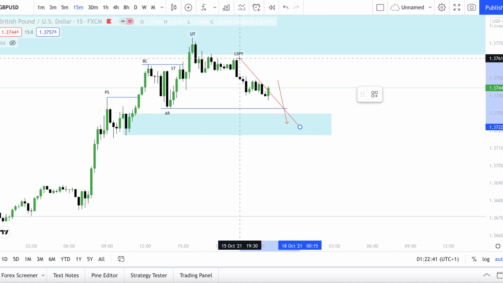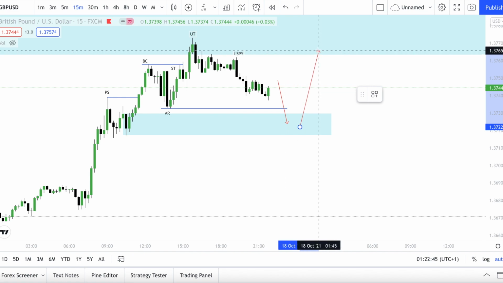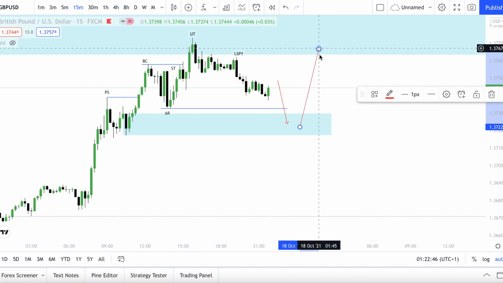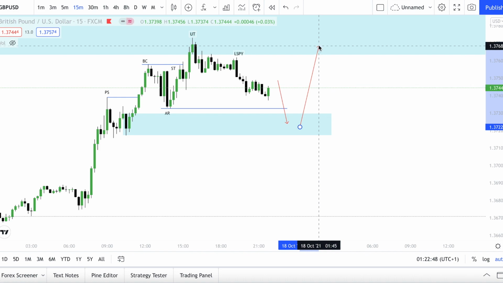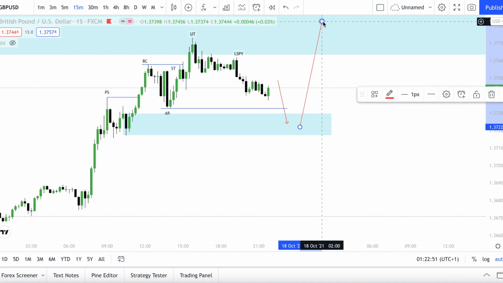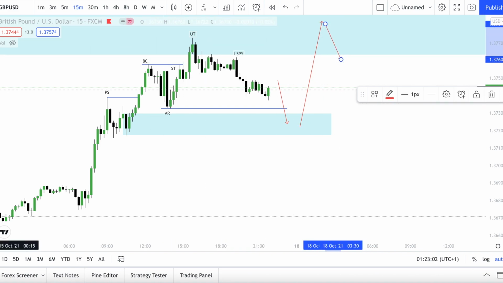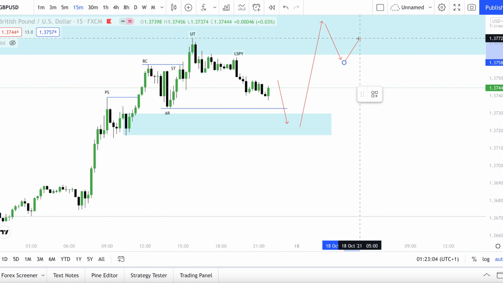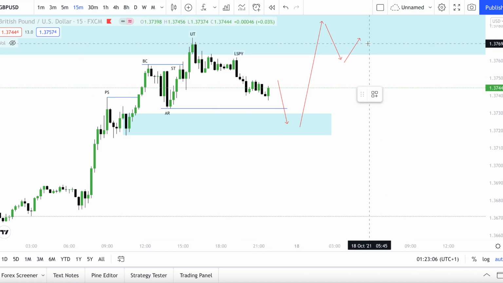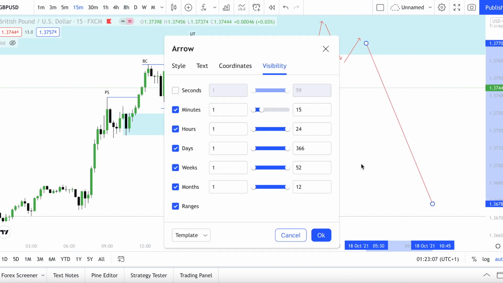Now price can come to this last point of supply again and reject, or what price can do is come to break the UT, make a UTAD, which is upper thrust after distribution, and then do a little retest around here, and then potentially move to the downside.